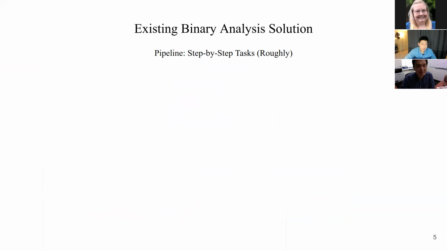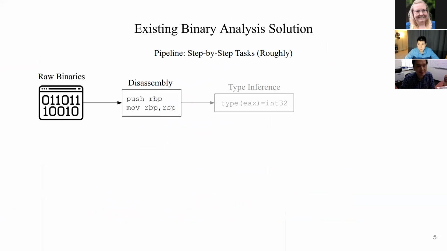If we look at the existing binary analysis solutions, the typical design approaches the problem as a pipeline. For example, the very first step of binary analysis is often to disassemble the raw binaries into assembly code, and perform some basic type inference of registers and memory accesses.